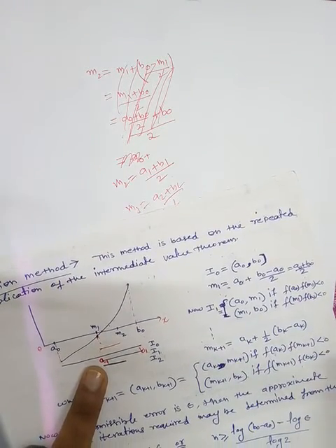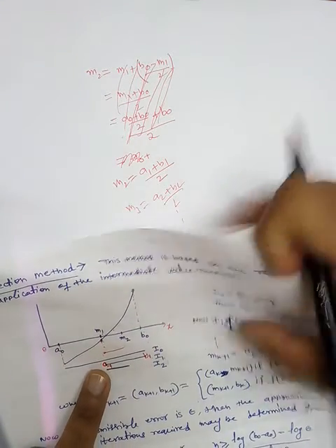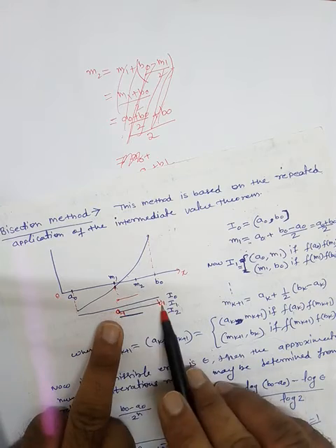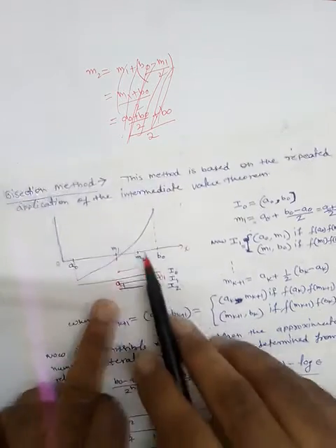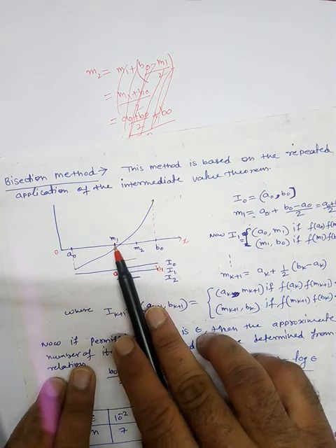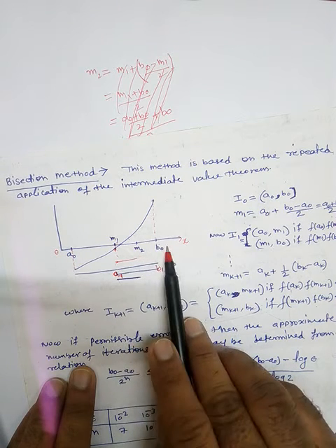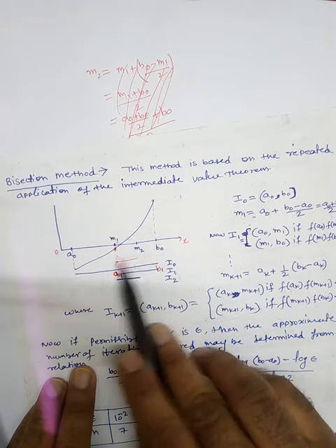Now we are trying to find out the general interval. Based on this, we have selected this. In the next interval, if you see this figure, again bisect the interval. So we are getting M1 M2 and M2 B0, two intervals, and we have to select one of them.